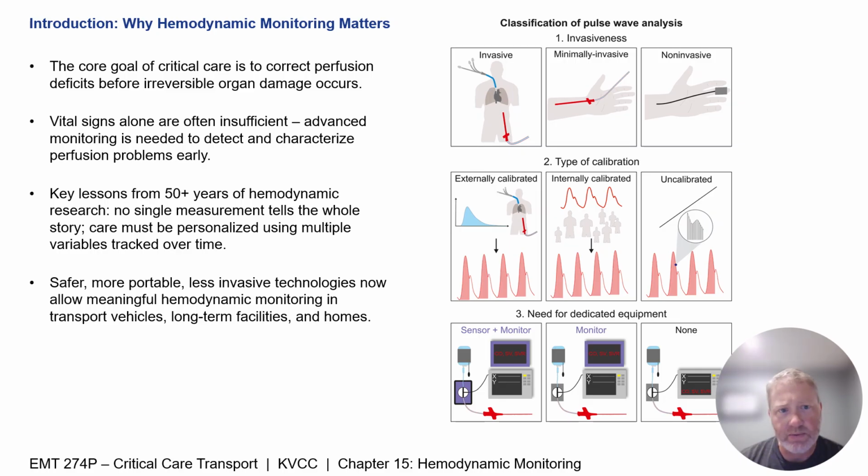This slide establishes that there's no single variable, including blood pressure, that can fully define perfusion states. Instead, taking a big picture approach can help, especially if you utilize trending over time.